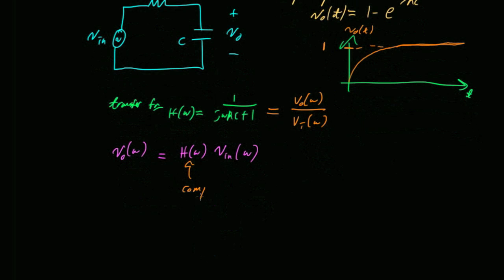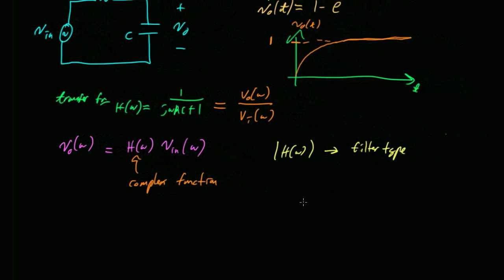If you take its transfer function and plot the magnitude versus frequency, that's what will make it so that you can see that, oh, this is a low pass filter, for example. This is what H of omega might look like. So far, this is all stuff we've seen.